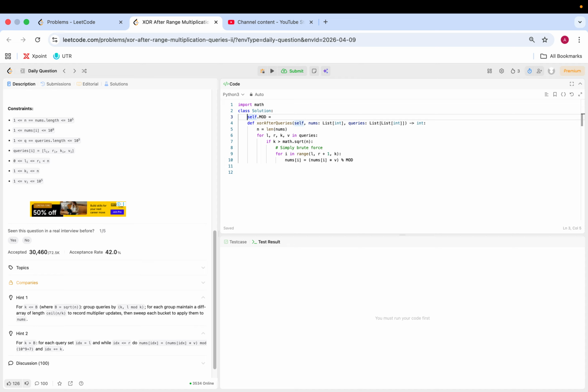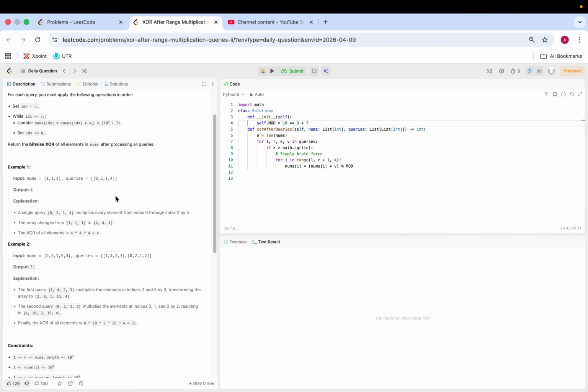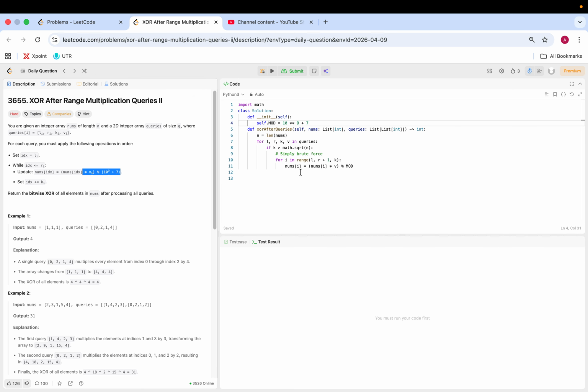Fine. 10 to the 9 plus 7, was it? It's always that, well, not always, but more often than not. And then I'll say self.mod. Should avoid globals. Yeah, that should be fine. Simply brute force. So that's the very literal way of handling a query, and that's fine for big enough K because you're not going to be updating that many elements.